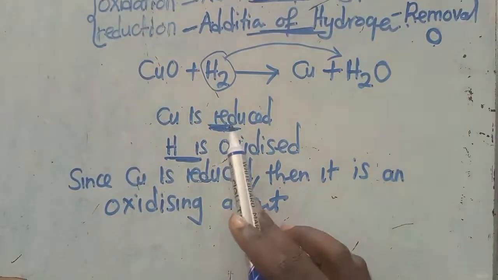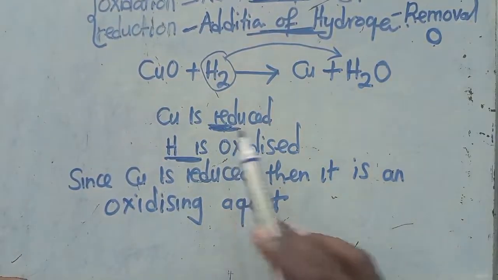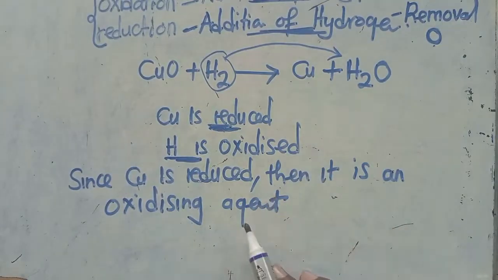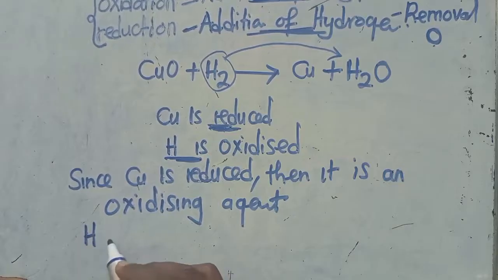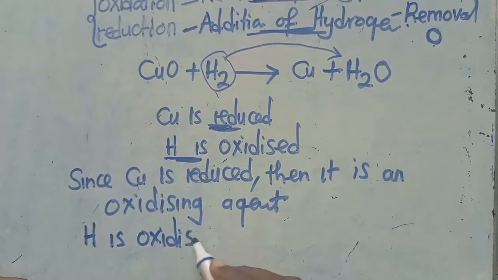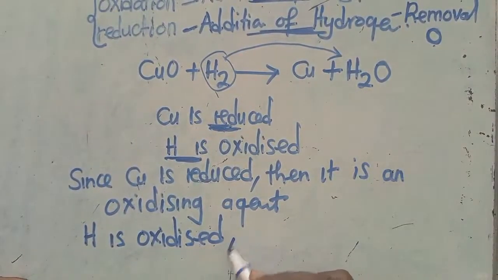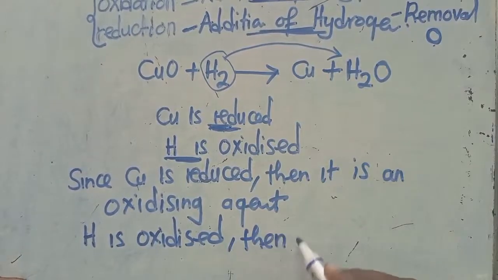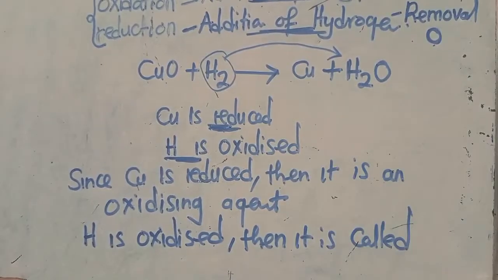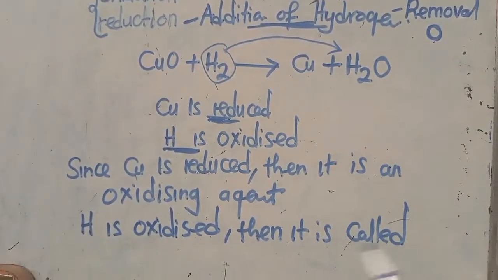This one that is being reduced, because it has been reduced, we are calling an oxidizing agent. Since hydrogen is oxidized, we are now calling it a reducing agent.